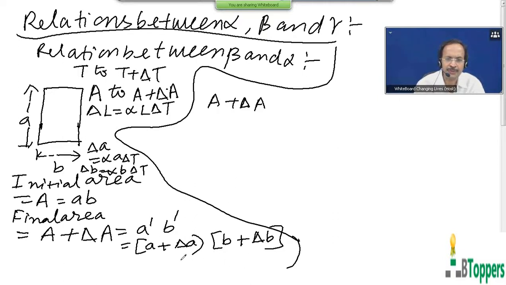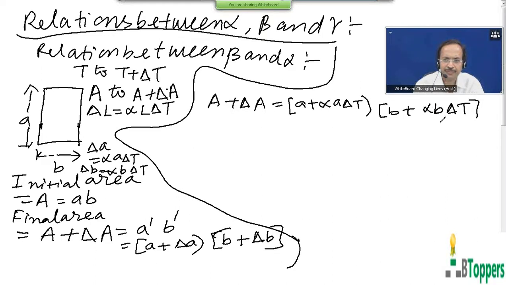So you can make these substitutions on the right hand side. So a plus delta a, you can write a plus alpha a delta T. And here b plus delta b, you can write b plus alpha b delta T. Now we'll expand this right hand side, and on the left hand side you can substitute A equal to ab.